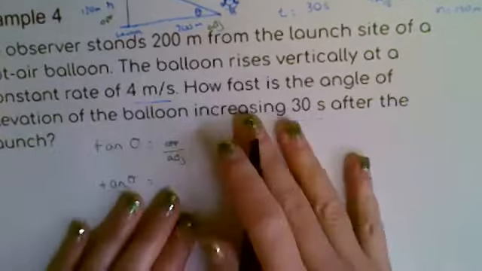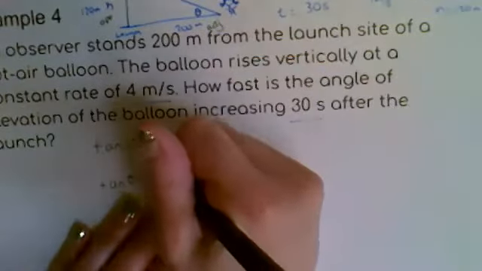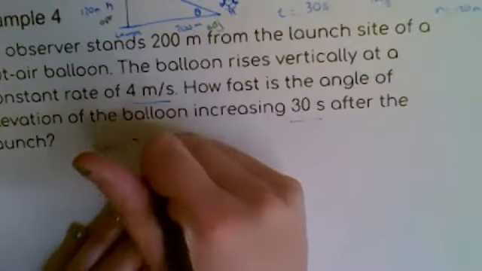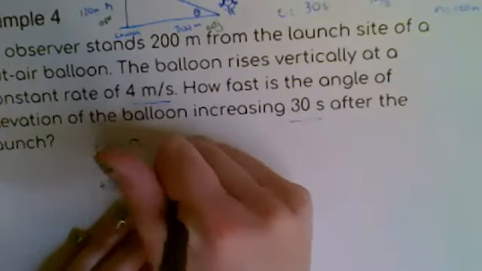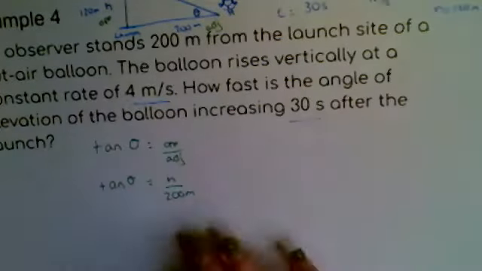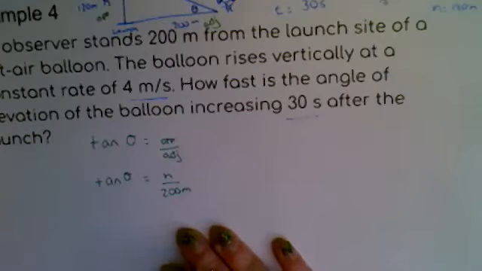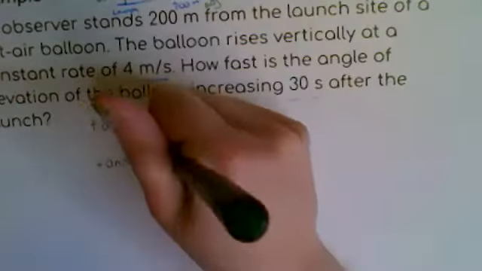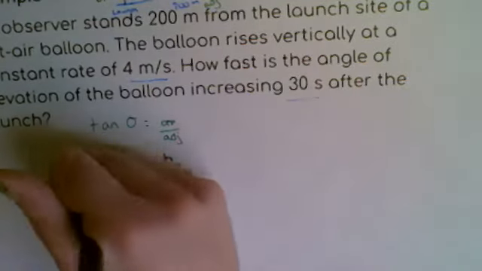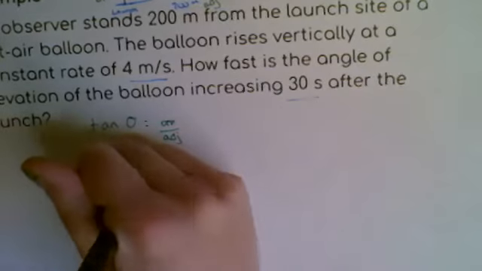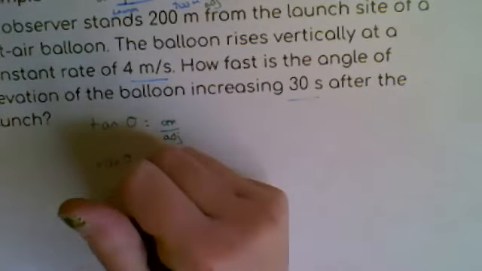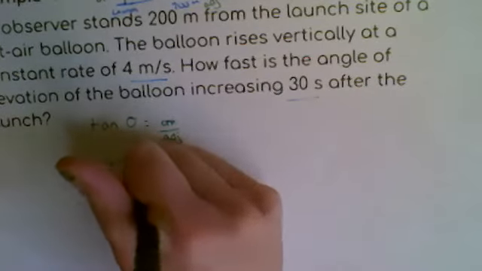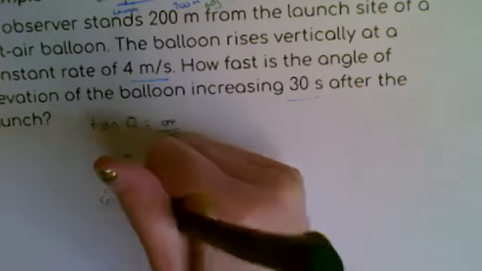Tan of my angle is equal to height over 200 meters. I'm just going to leave this as height for right now because I want to keep it generic so that I can then take the derivative. So we're going to take the derivative with respect to time of each side. The derivative of tangent is secant squared, times the derivative of theta with respect to time.